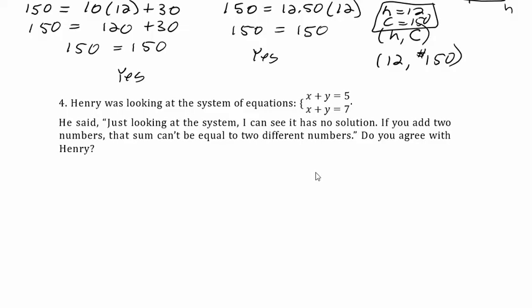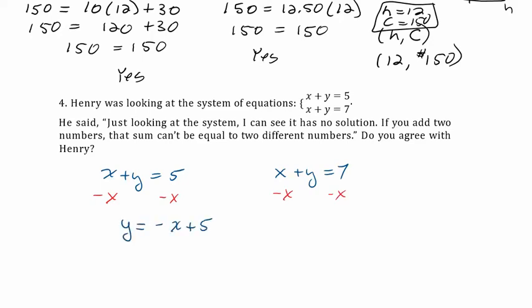I want to say one more thing about this problem, another way to think about this. If we put these equations in slope-intercept form, y equals mx plus b form, and I subtracted the x over on both of these, the first equation would be y equals negative x plus 5, and the second equation would be y equals negative x plus 7.